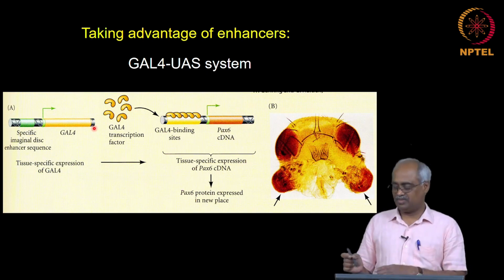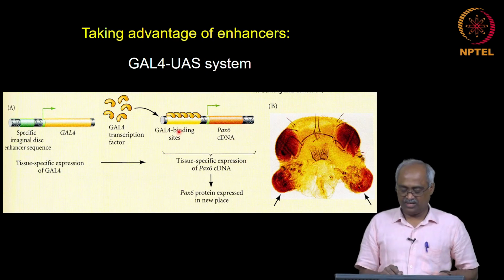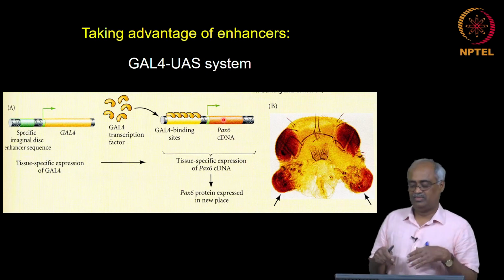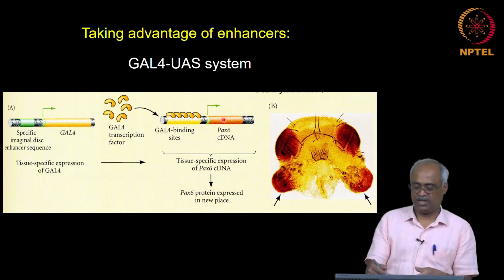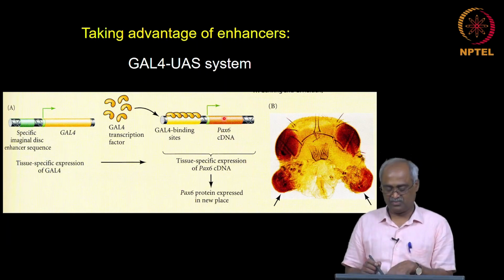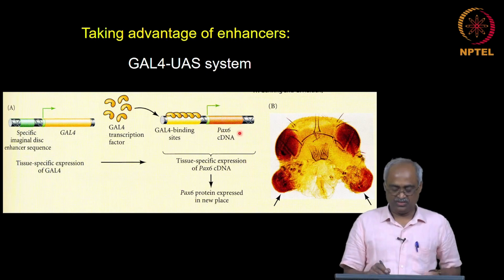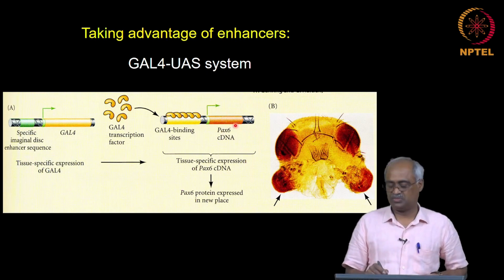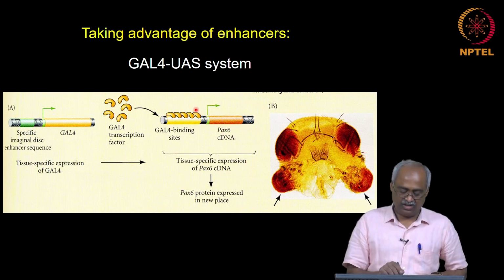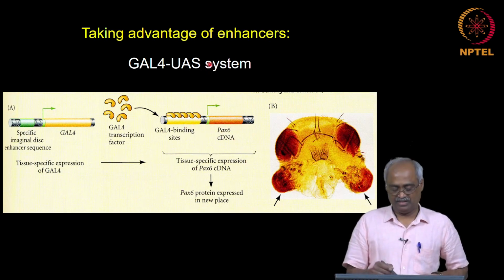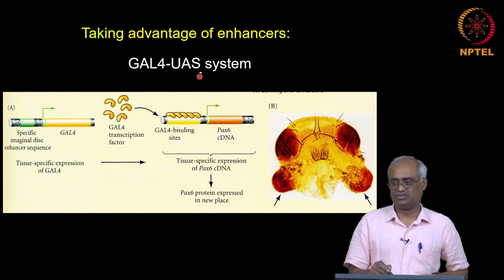Now, you have another strain where, upstream of your gene of interest, or the gene itself is a transgene, for example PAX6 that you take from the mammalian system and put here, you express it under the control of the promoter where GAL4 binds. This is called the upstream activating sequence, therefore UAS.